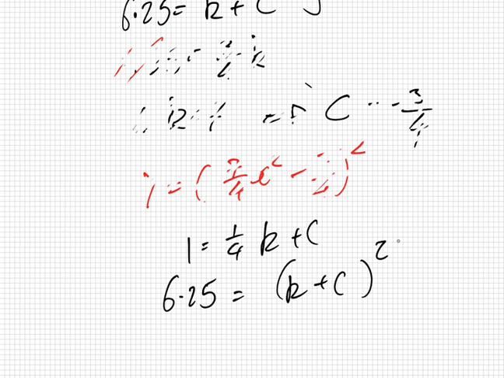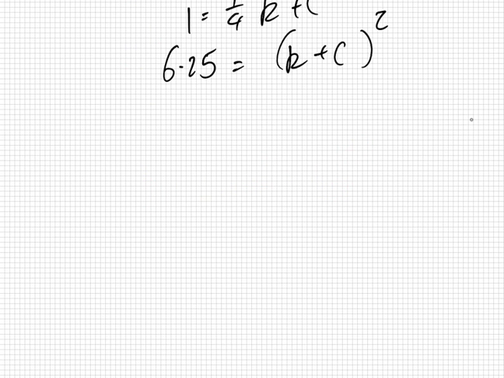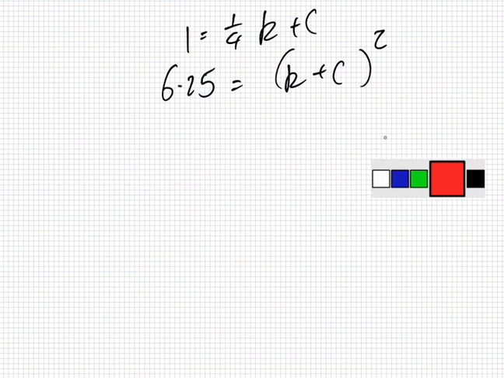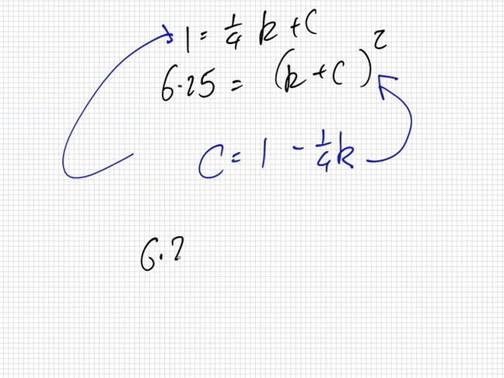Alright. Now what I can do here to solve this, it's actually not too bad. I thought it'd be much worse. But what I can do here, I can say c equals 1 minus a quarter k and put it in there. So I get 6.25 equals k plus 1 minus a quarter k squared.